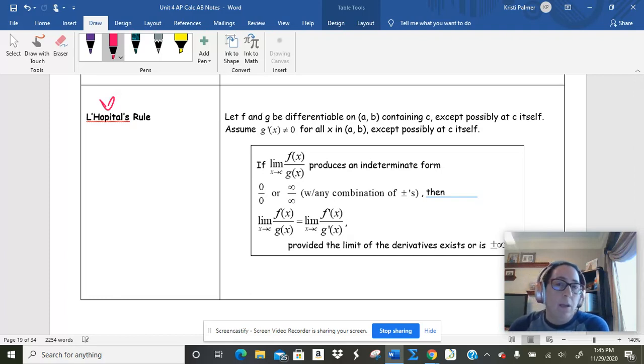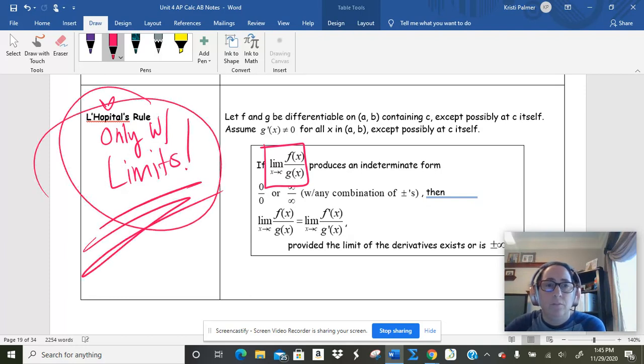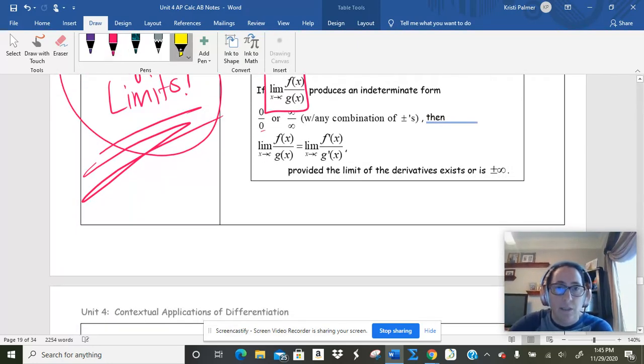L'Hopital. So L'Hopital says that when we are taking a limit, so these are only with limits, first off, and we get an indeterminate form, then, ready for this? This is what L'Hopital says: you can take the limit with the exact same c of the derivative of the f over the derivative of the g.